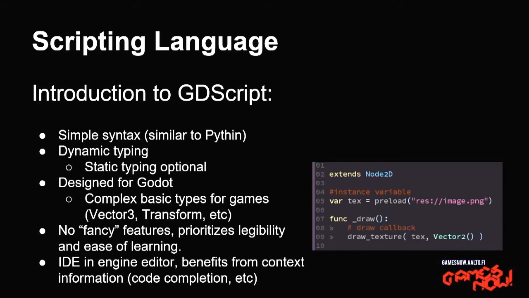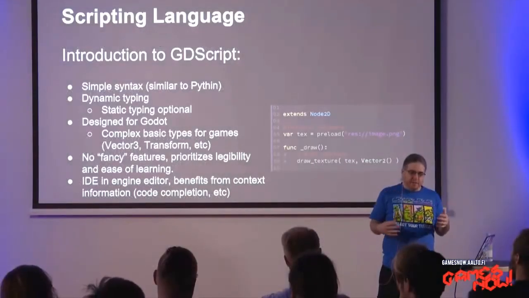The main reasons were that we can run scripts on separate threads for things like background loading, maybe pathfinding, things like that. And also it's a scripting language similar to Python, similar to Lua, but it has native types that are used for games. For example, 3D vectors, matrices, planes, things like that.